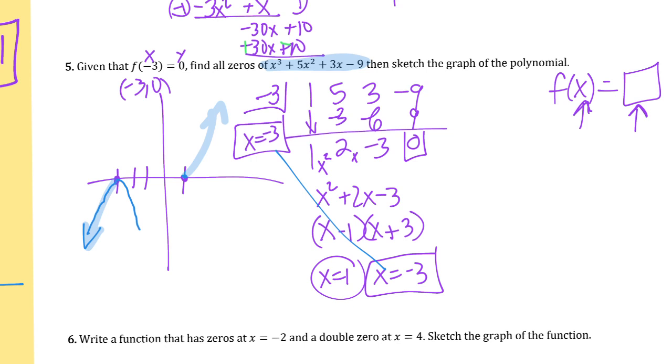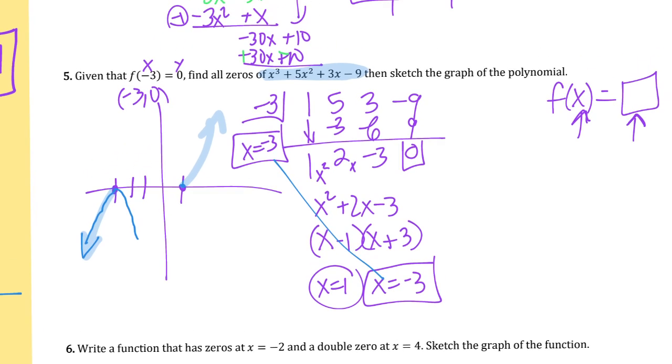So when it touches at negative 3, instead of crossing and going up through the axis, it's going to bounce off the x-axis. But then when it crosses at the 1, it's going to dive right on through. If there's not a duplicate root, it just goes right through the axis at that point. So the duplicate roots are evidenced where it touches the x-axis without crossing. It bounces off the x-axis.